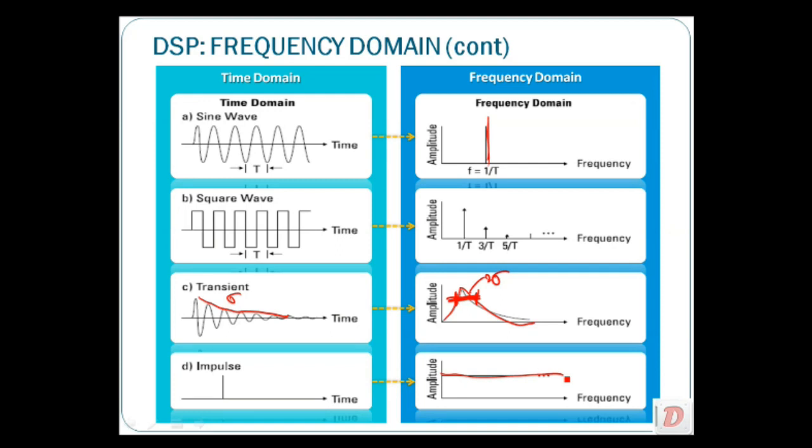So an impulse is a broadband signal. It gives you a constant amplitude over a very wide frequency range. So those are some characteristics of different signals when transformed to the frequency domain.